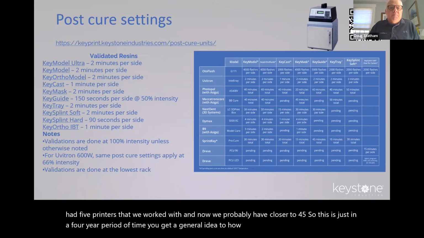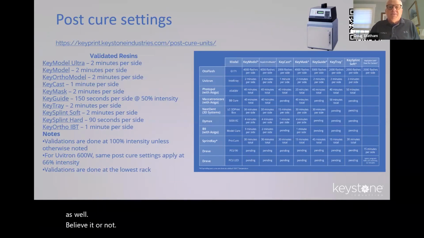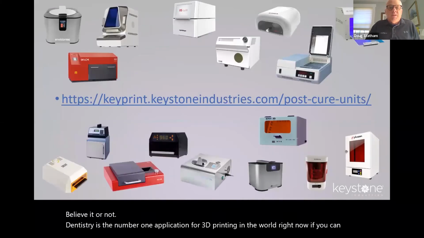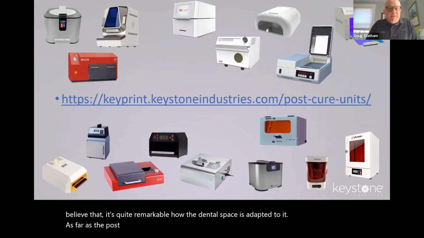So please follow the instructions in the IFUs that we provide, to get the best results. We just had one incident this morning where somebody using our mass material was having problems, and it turned out it was a setting issue. Again, this is a link that you can go to, and Zahn can provide this on their website as well. You can go through and see all of the different post-curing units that we work with and what those settings need to be.